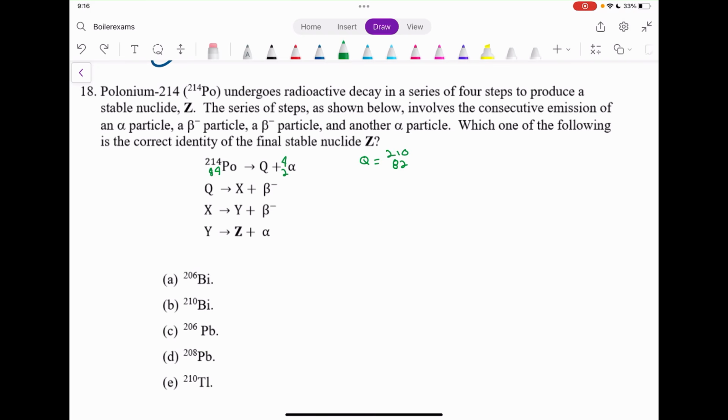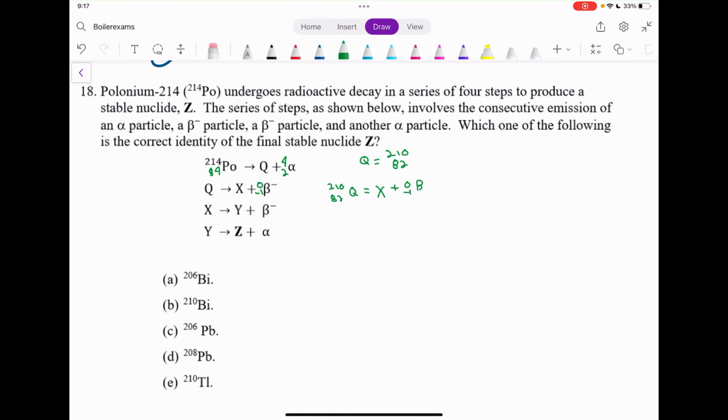Now let's do this one. This is 0, minus 1. If we balance this now, maybe I should write this out. So we have 210, 82, Q equals X plus beta, 0 and -1.